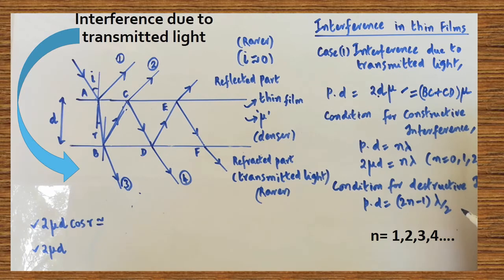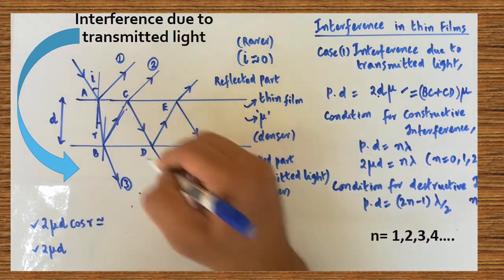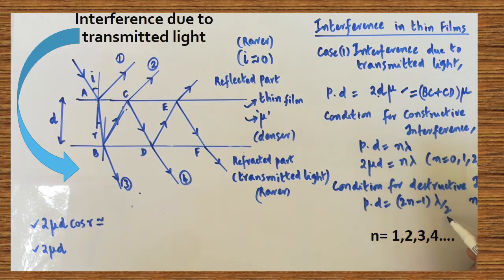The same condition was used in Young's double slit experiment to observe destructive interference. In the case of destructive interference, dark fringes will be observed. Here, n should not be taken as 0. Instead of n, we have to substitute 1, 2, 3, 4 and so on. Don't start from 0. When the path difference between these two rays is equal to (2n minus 1) lambda by 2, dark fringes can be observed.